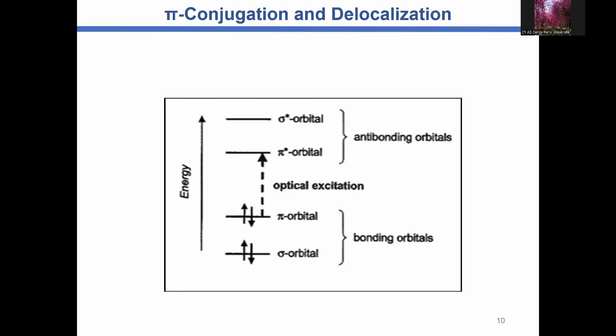So if you want, for instance, to create organic solar cells, you can use this material to absorb the light and promote the electron to the p antibonding orbital, and this electron you must catch before they recombine. But you can do it because this difference in energy is inside of optical excitation. So it's in the visible light.